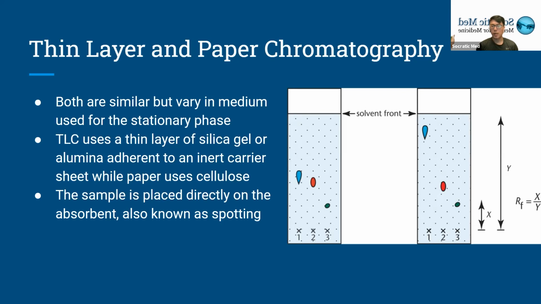This is because the compound used on spot 3 was more similar to the stationary phase, so it adhered to the stationary phase more, and it was carried less by the mobile phase.